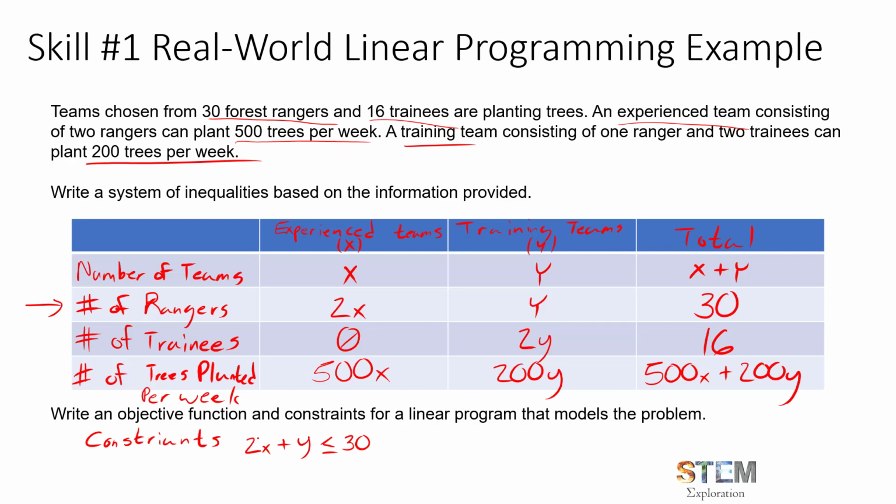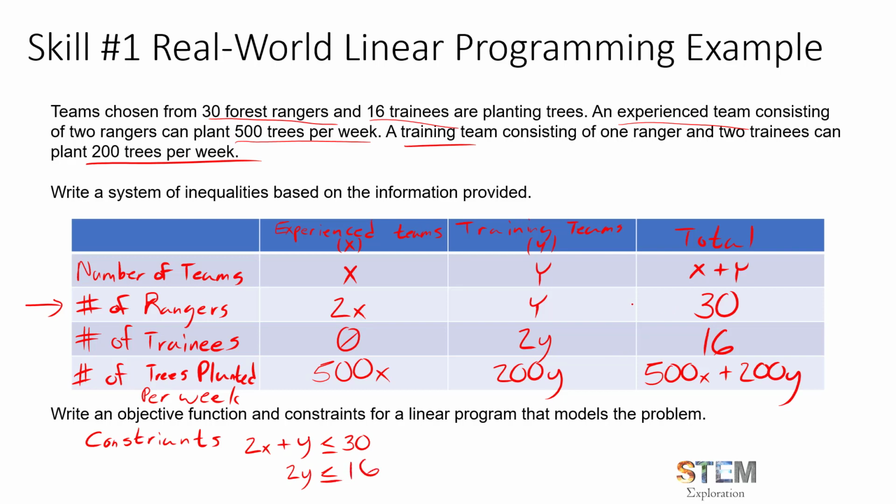Okay, and so based on the number of teams, x being experienced and y being training, when we take all the possible combinations into consideration, the number of rangers that are used can't exceed 30. And if I want to make a training team, what I want to say is that 2y, which represents the number of trainees here, can't be larger than 16.